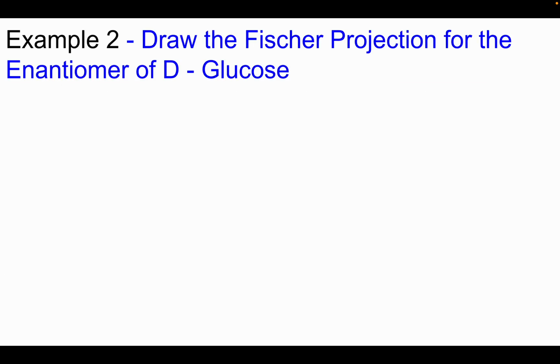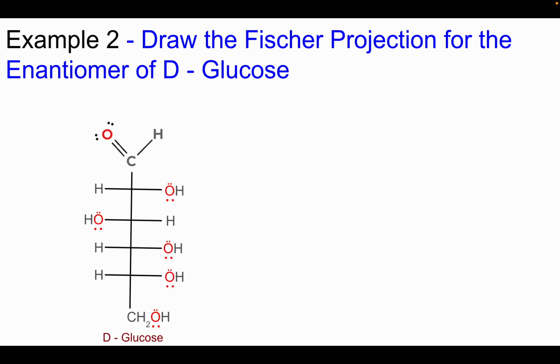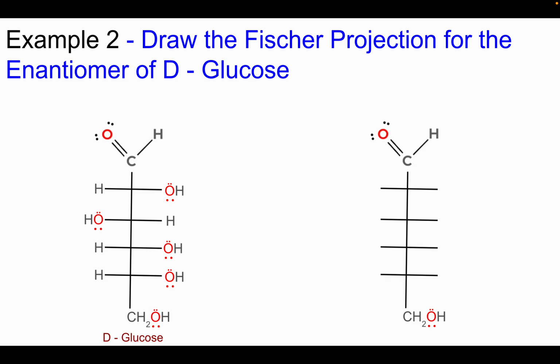Example 2, let's draw the Fischer projection for the enantiomer of D-glucose. So here's D-glucose. Okay, so we're going to draw the enantiomer. So remember, the enantiomer differs in stereochemistry at every single stereocenter.